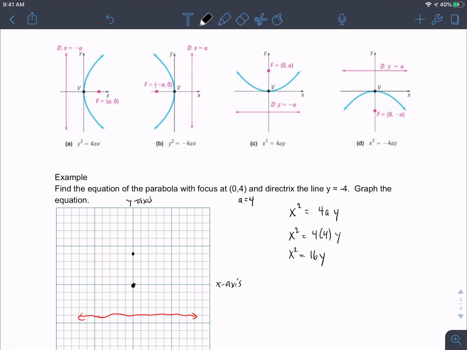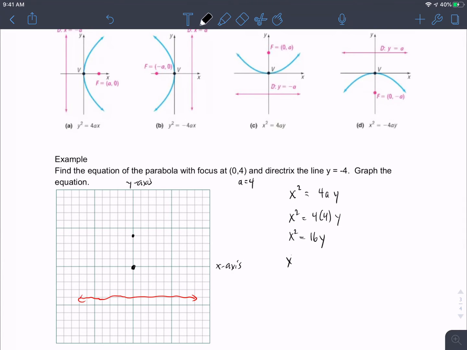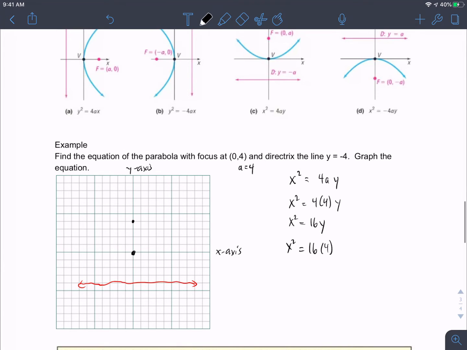And so what we end up seeing here is, since we know that the focus is 4, we can plug 4 into our problem. And so we're going to get x squared is equal to 16 times 4, again using the focus as something that's going to be useful. And so x squared is going to be equal to 64.